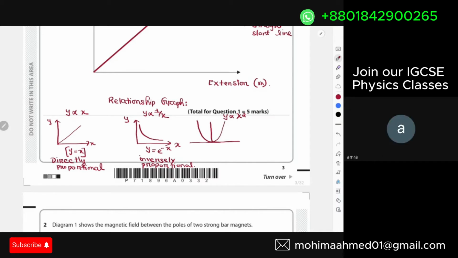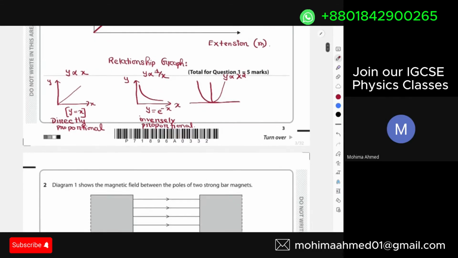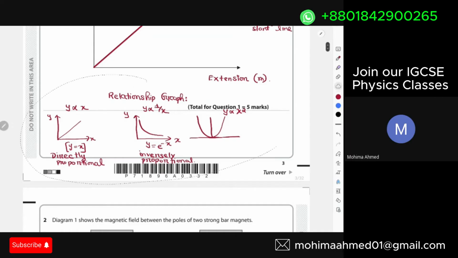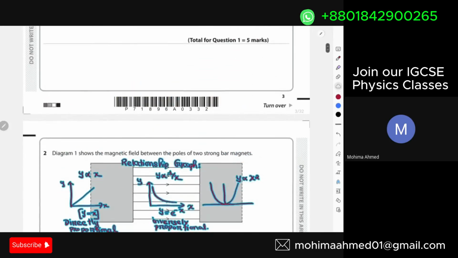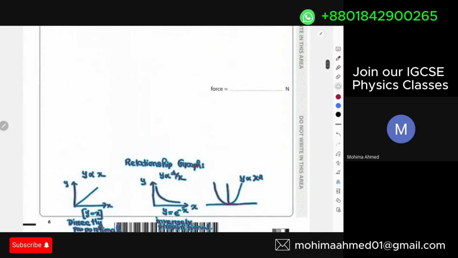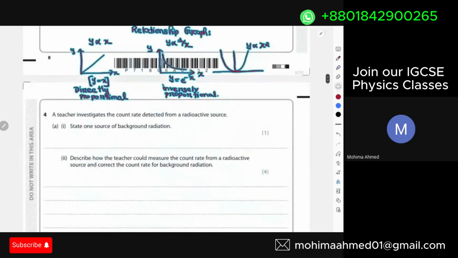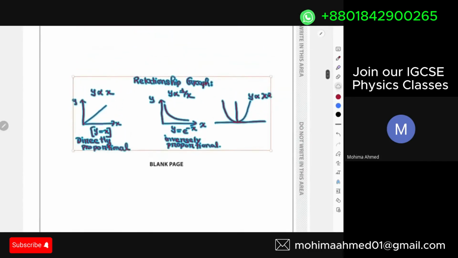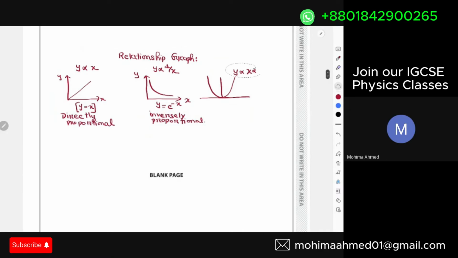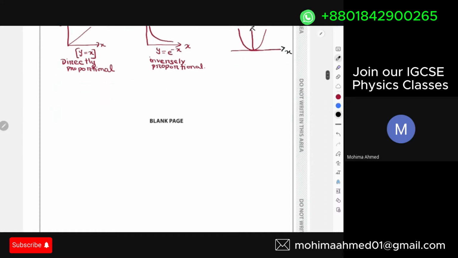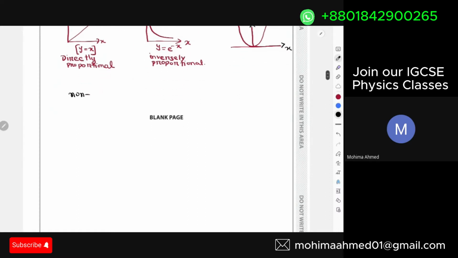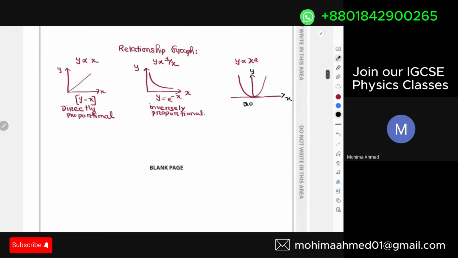And then the last one is a non-linear relationship graph. I'll just take this to the closest blank space because this is quite important. This is your x-axis and this is your y-axis. Sorry, this is actually also non-linear.